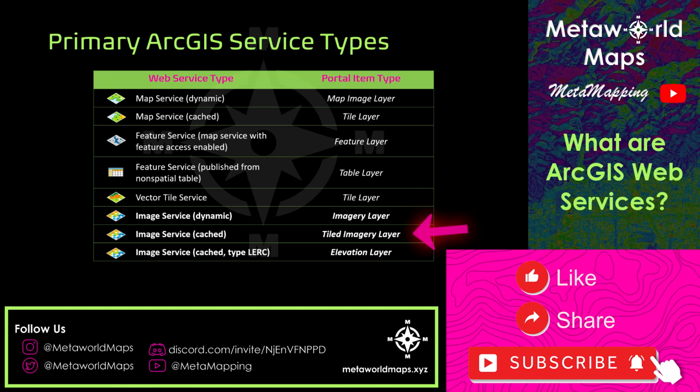Again, very similar to a cached map service, except that an image service that is cached is leveraging those raster and imagery files. You can think of a cached image service as a service very similar to a base map of aerial photography, where you've got that aerial photography for the entire world that has been pre-cached on the server so that rendering and drawing that imagery is very performant in your web or your client applications.